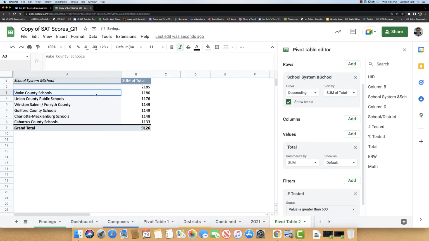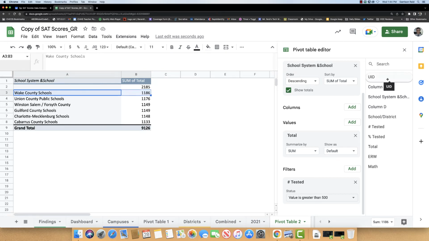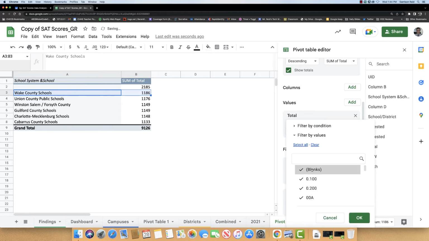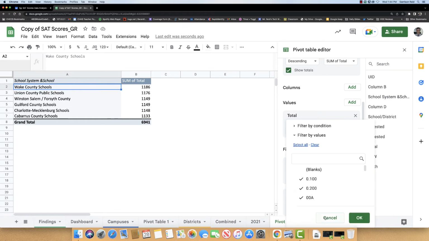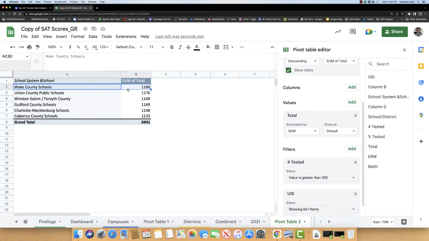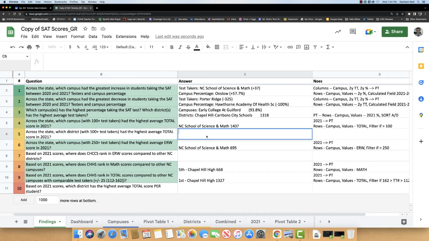So Wake, again, the blank values you could easily get rid of using just a filter, UID is not blank. Gets rid of that. So if you were avoiding those blanks for a long time, you could just ignore the blanks. So Wake County Schools had the highest average of districts with 500 more test takers.